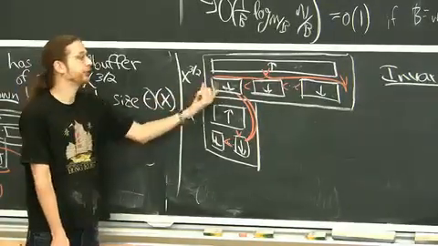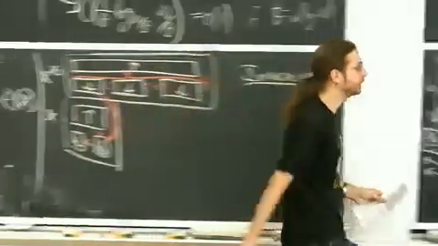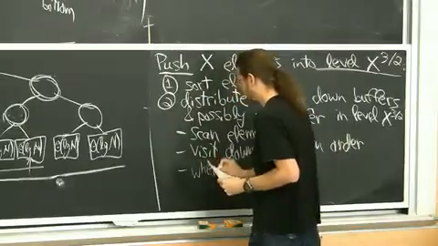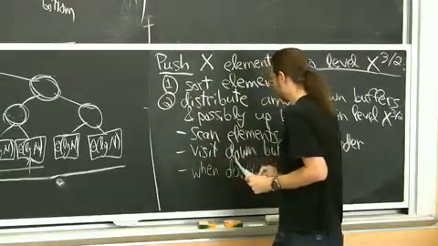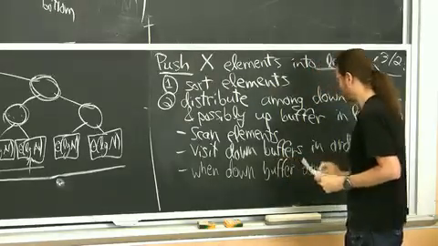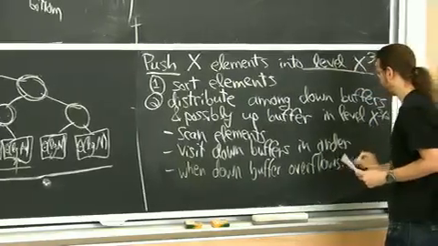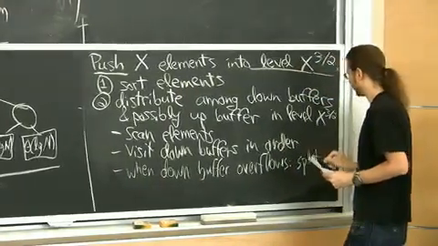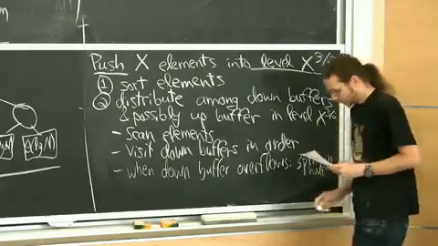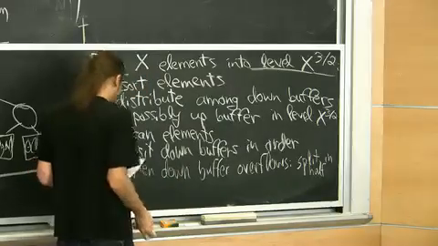But now, once I do a split, they'll both be half full. Okay, so when a down buffer overflows, split in half, and maintain a linked list of down buffers.